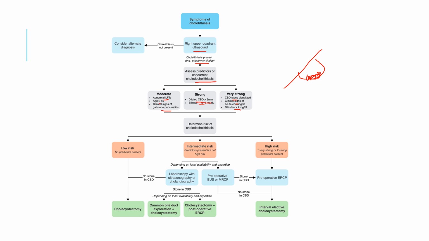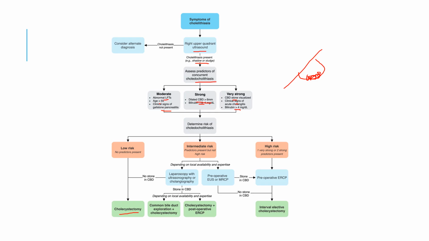Okay. Now you determine the risk of choledocholithiasis. If there is low risk, you go for cholecystectomy. If there is intermediate risk, where the predictors are present but not very high risk, then you may go for a preoperative endoscopic ultrasound or MRCP to confirm whether there is a stone in the CBD or not.